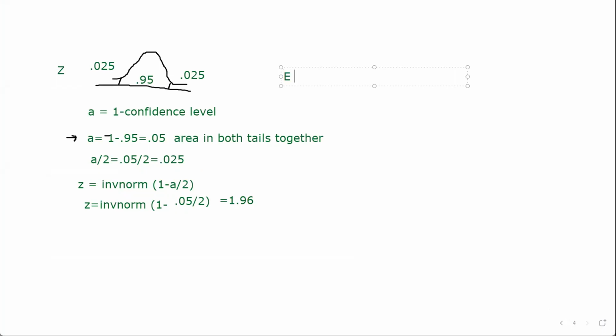My error is that part of the formula that looks like this. That's going to be z alpha over 2, and we know what that is because we just calculated it. We know what the z is. This is going to be sigma over the square root of n. That's going to be my error term.